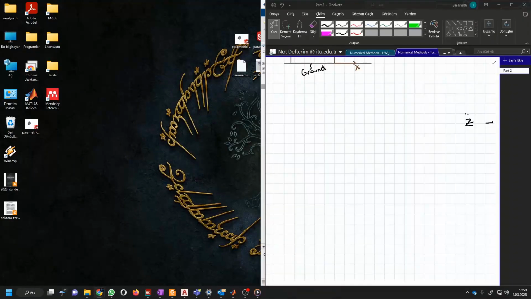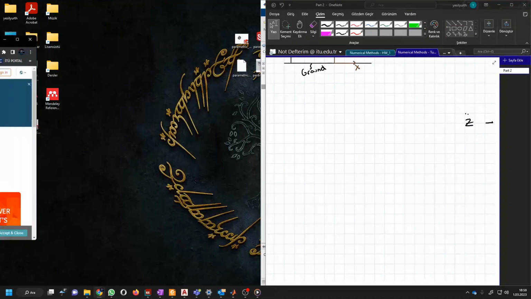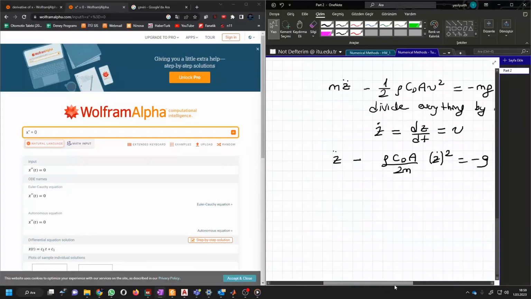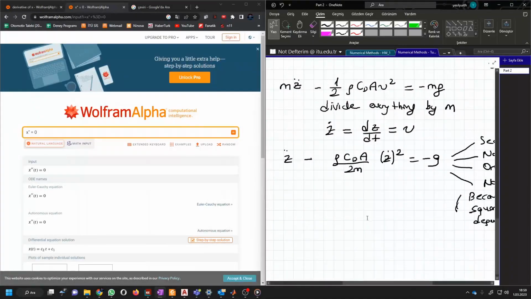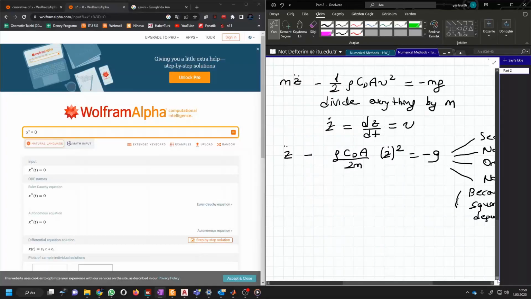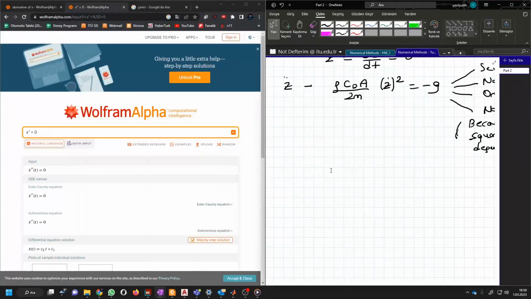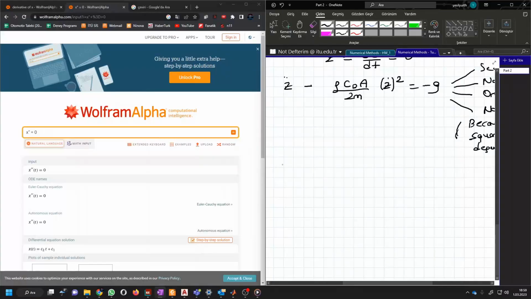I have Wolfram Alpha here, and I have my differential equation here. But now it is better to simplify the equation before entering it into the console of Wolfram Alpha, because sometimes Wolfram Alpha gets confused about the variables and constants. So I can simplify the equation like this.